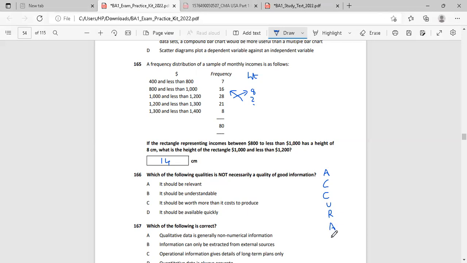It should be relevant, that is correct. Then it should be understandable, that is also correct. Then it should be worth more than its cost, so that is cost effective. Cost beneficial, whatever cost is spent, the benefit should exceed that. It should be available quickly is not the case, it is not there.